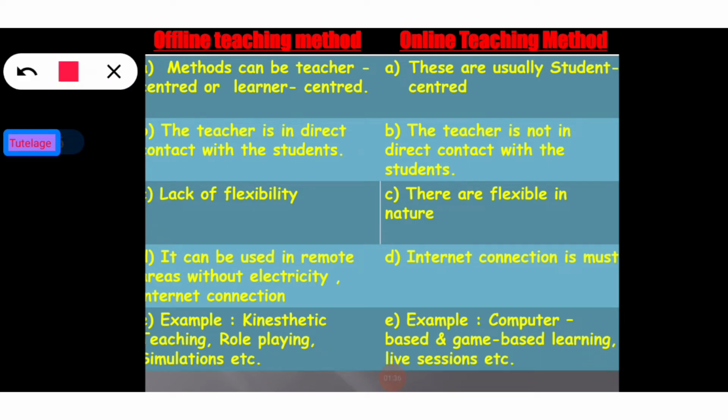The first difference is that methods can be teacher centered or learner centered. Obviously in offline teaching, the teaching process takes place inside the physical boundary of the classroom, and methods can be teacher centered or student centered. But on the other hand, online teaching methods are usually always student centered.